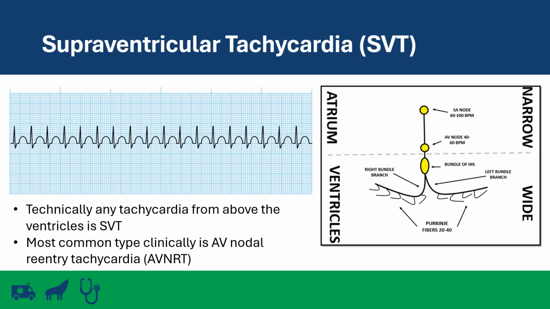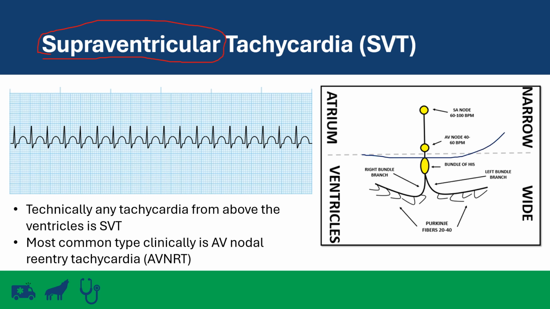Our next rhythm is supraventricular tachycardia, or SVT. Technically, any tachycardia that comes from above the ventricles is called SVT, hence the name supra, meaning above. So we know that essentially in any type of SVT, the impulse is going to come from above the ventricles.